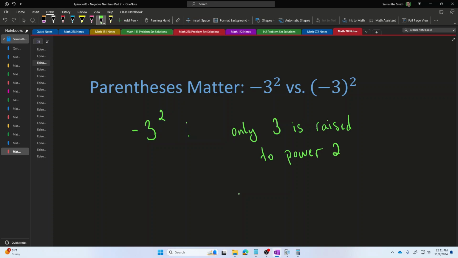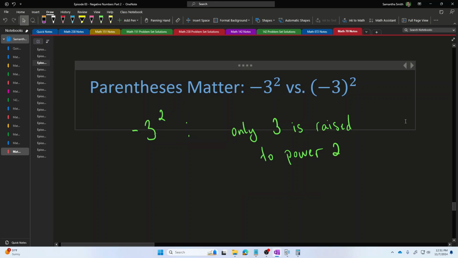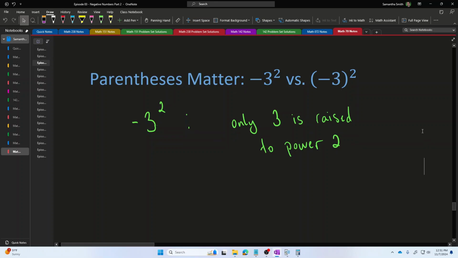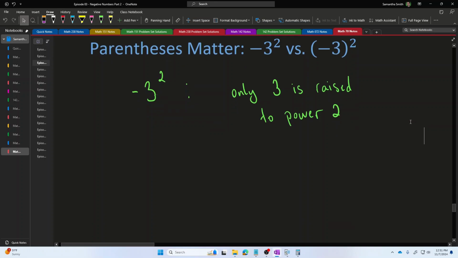Only the 3 is going to have this exponent applied to it. The 2 is not being applied to the minus sign. The exponent of 2 is only getting applied to the single symbol 3 directly underneath the 2. So the result of this calculation would be to take 2 copies of 3 and multiply those together.